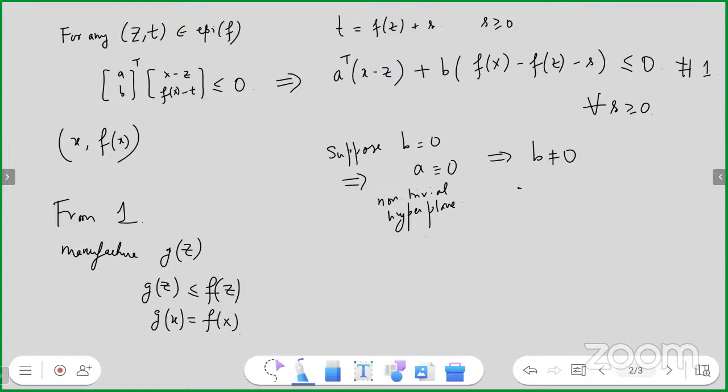What is z comma t? t is anything for one point in the epigraph. So now answer it for yourself what your question is.